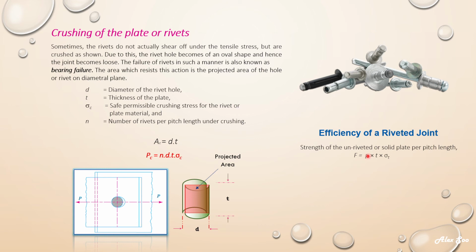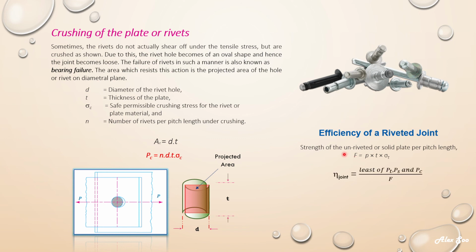I hope you still remember what pitch is, multiplied by the thickness of the plate. This is the solid area, the plate area, based on a pitch. That means the distance of a pitch multiplied by thickness. Solid plate area multiplied by the tensile stress will give you the tensile strength of a solid plate without any holes drilled in it.